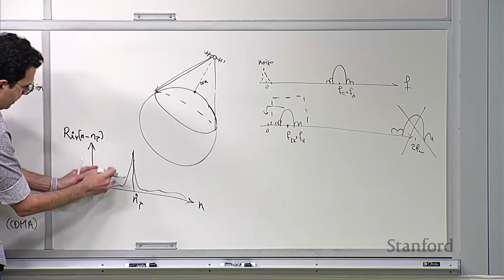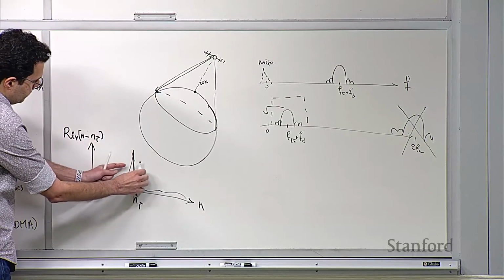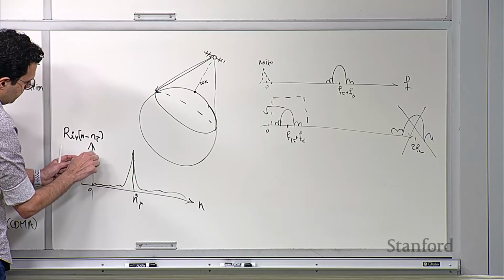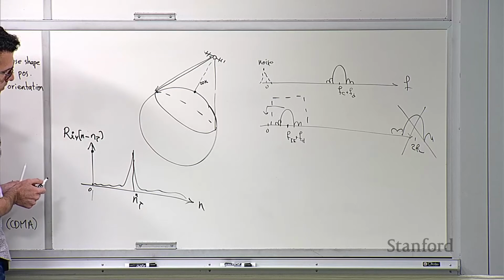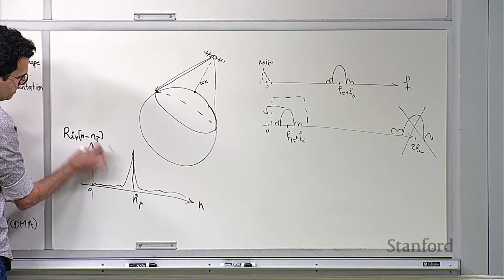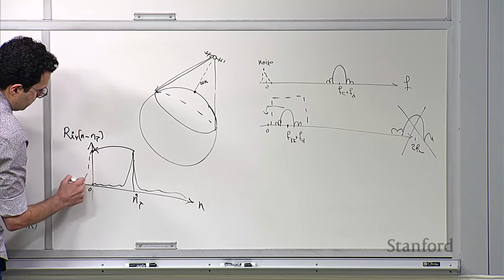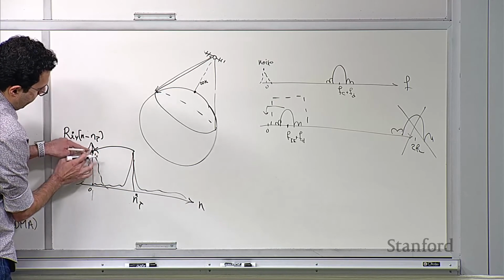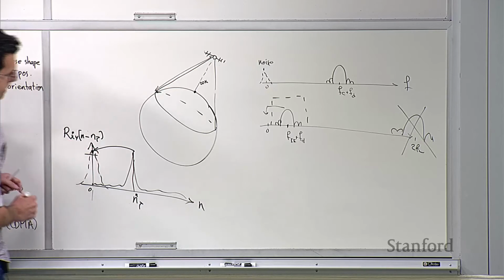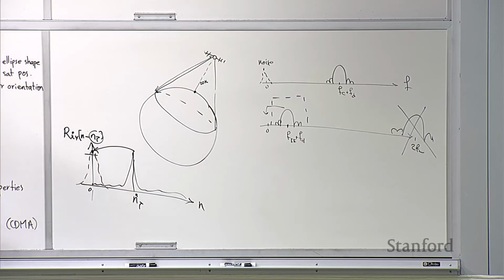It's a linear operation, right? So if you shift the input, the peak is going to shift. You can always just monitor the value of the correlation at 0. And if this shift value is equal to n hat, you bring this peak to 0. And if you maximize this value, that means you found the correct n hat. So that's how the receiver actually operates.